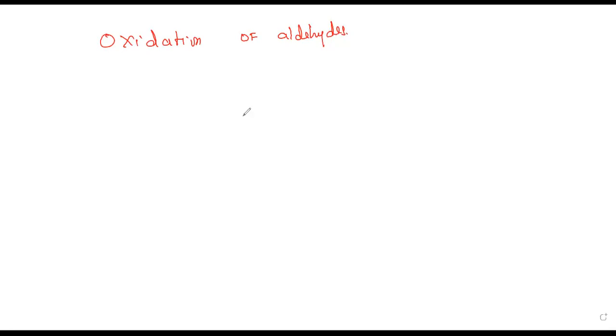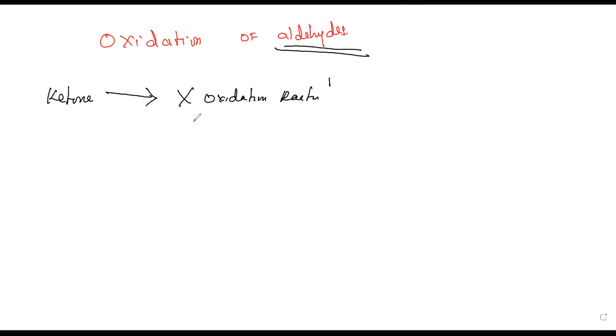When we speak about the oxidation of aldehydes, we are talking about only aldehyde. The ketone never undergoes the oxidation reaction. When you speak about the oxidation reaction, we are speaking with only the aldehyde, not with the ketone.